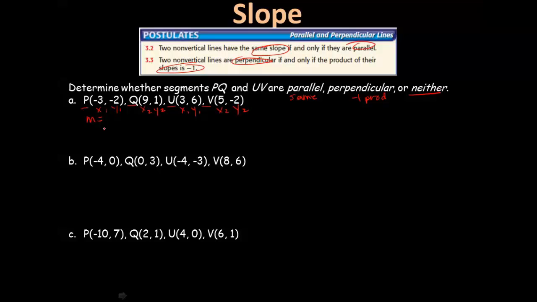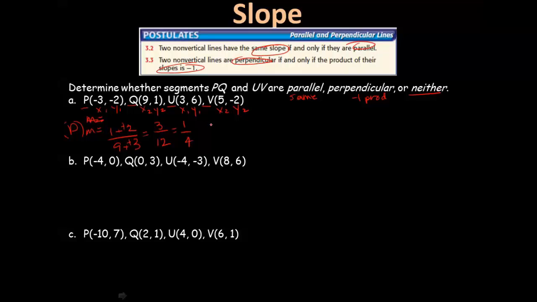Okay, so let me bring this down a little bit. So for P, we're going to have 1 minus a -2 over 9 minus a -3. Remember those negatives, 2 negatives make it positive. So 3 over 12, I can reduce that to 1 over 4.